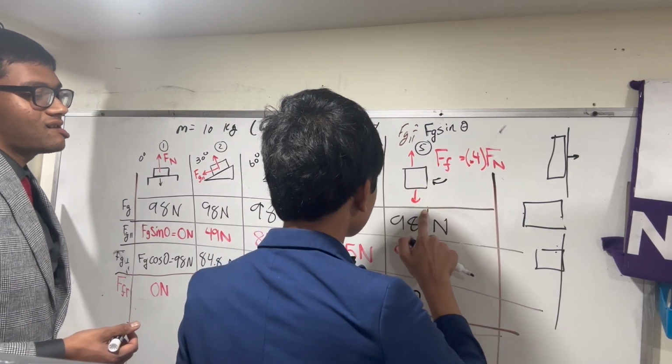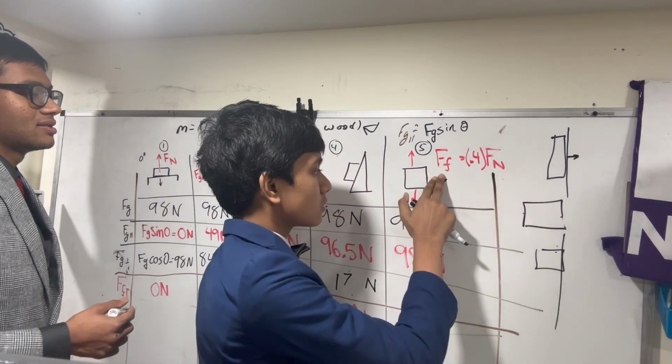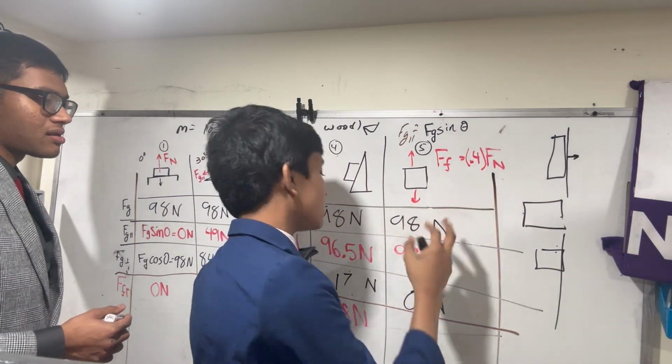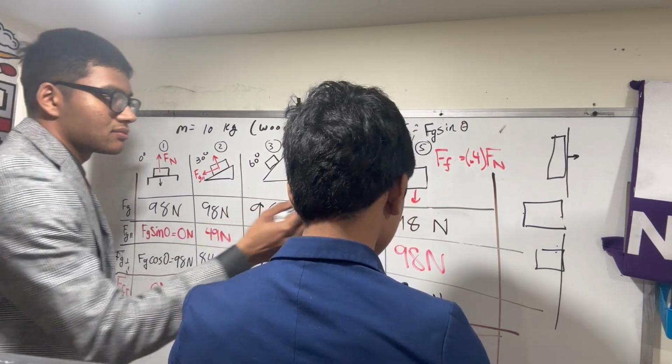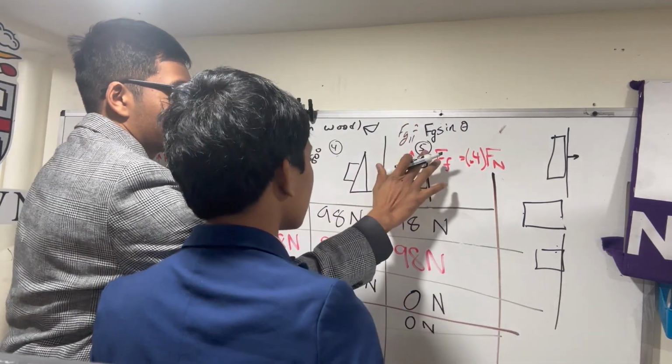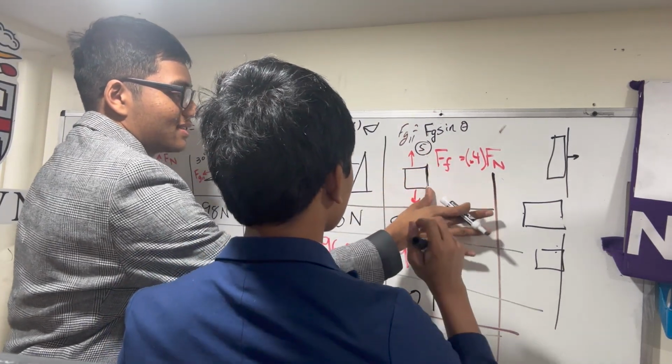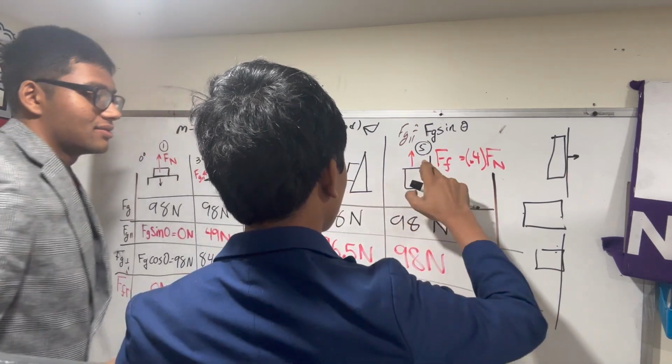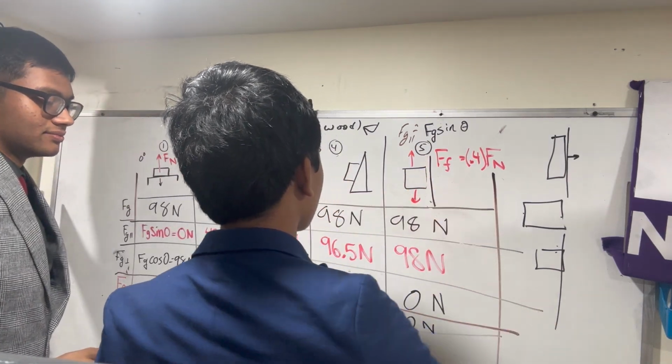Then just erase the wall and you get 0. You can put it a little distant. Yeah, it's a free fall. Okay.